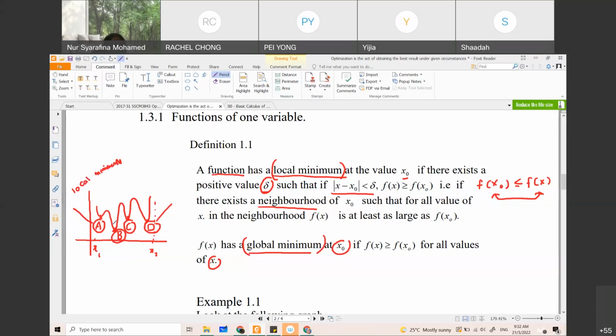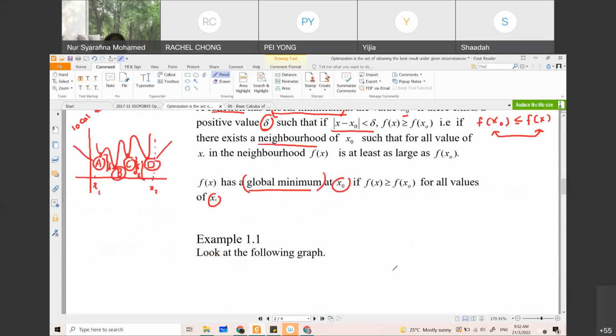Because there exists at least a positive value of delta such that |x - x0| < delta. So where is delta actually? The difference between the global here, the difference between points here. Understand or not? So that f(x) is greater than f(x0). So that is the difference between local and global minimum.